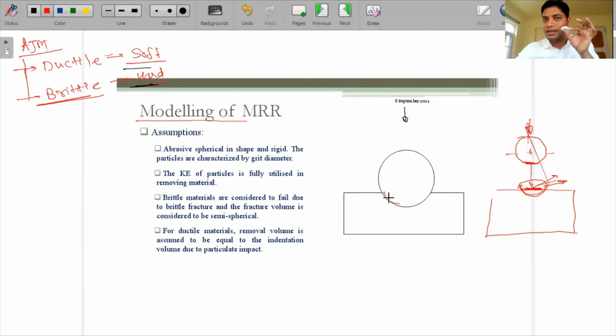But as it is a ductile material, the bottom surface that comes in contact with this abrasive particle will try to show some loading. What it means is the surface will not be exactly what is formed in the brittle material. It should be like this.